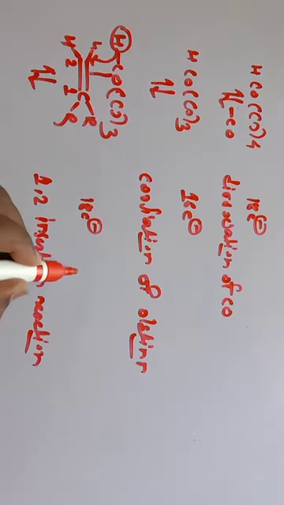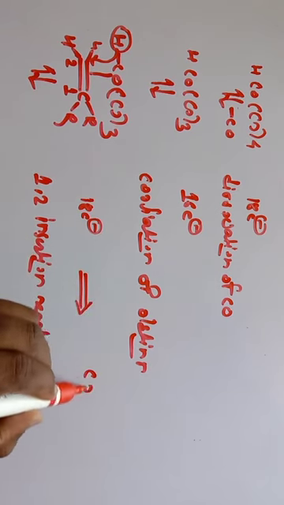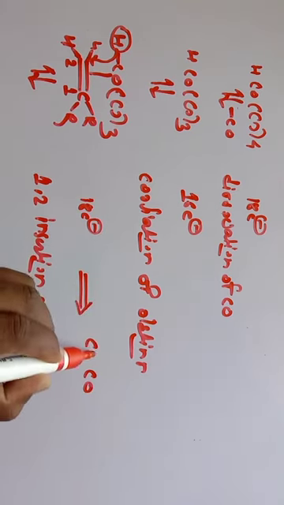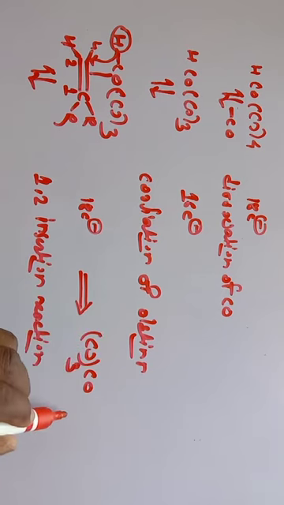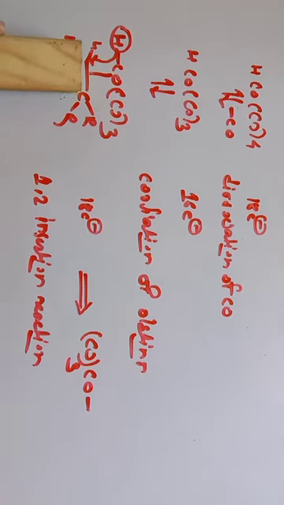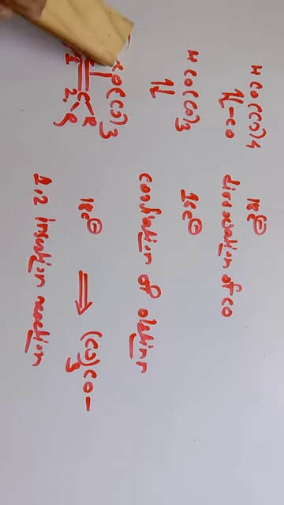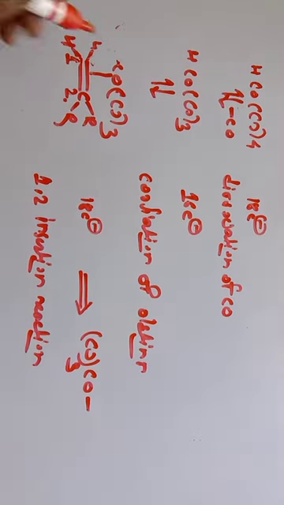So what you get here, this is your cobalt having 3 carbonyl, and then only 1 carbon. Let us consider this is carbon 1 and this is carbon 2, and the hydrogen is shifted from this cobalt to carbon number 2.